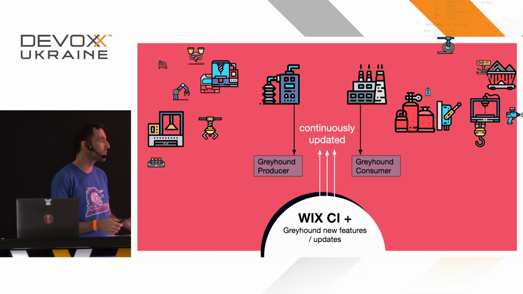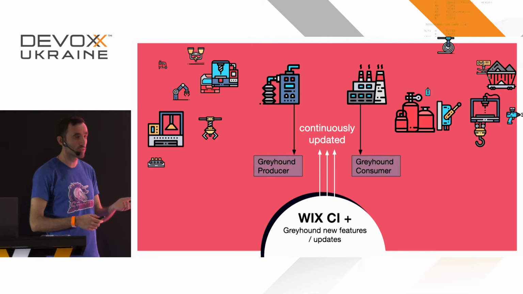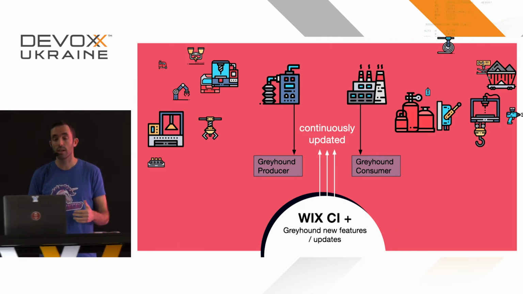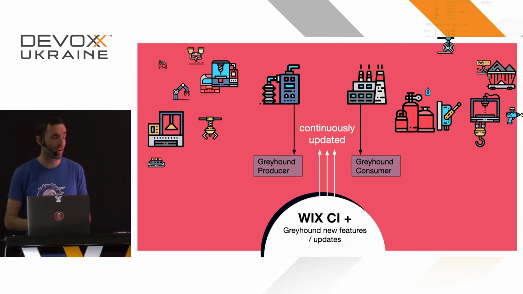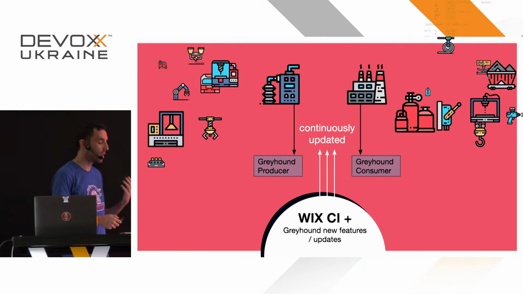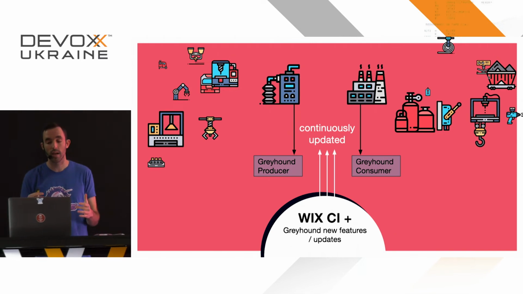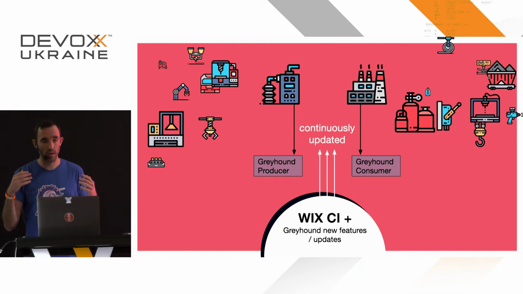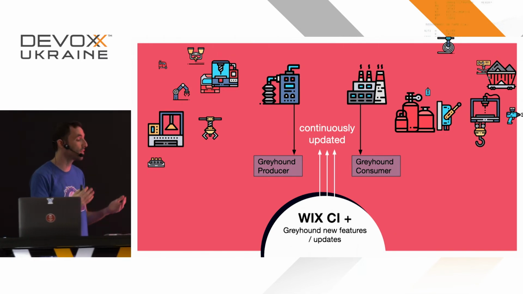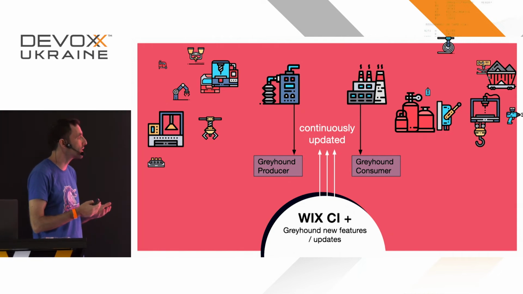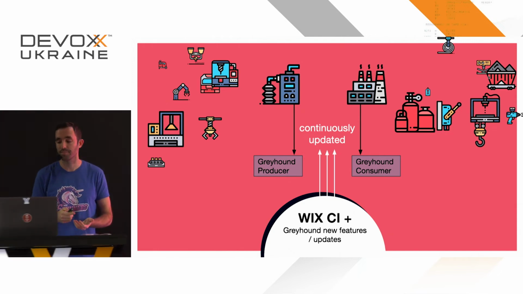It always gets updated. So all of the microservices continuously get new features of Greyhound and new bug fixes, so we have more resiliency and faster delivery of new features and new capabilities to production.